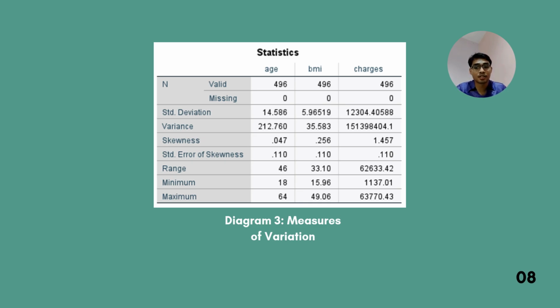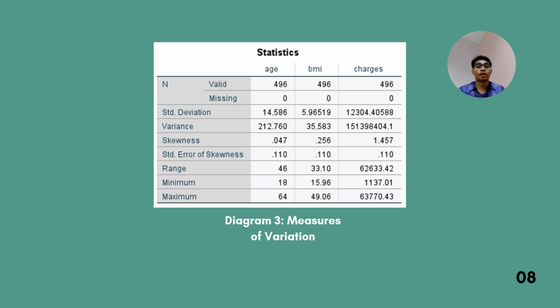The range is 1,137 ringgit 1 cent to 63,770 ringgit 43 cent, so the range is equal to 62,633 ringgit 42 cent.